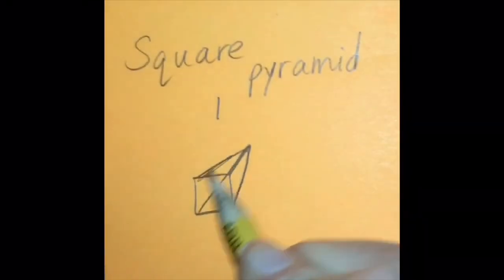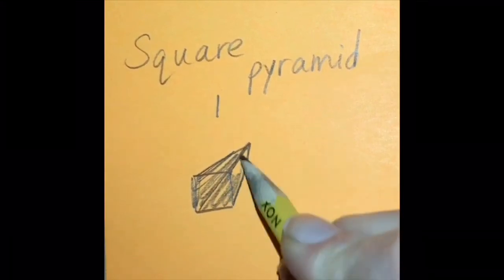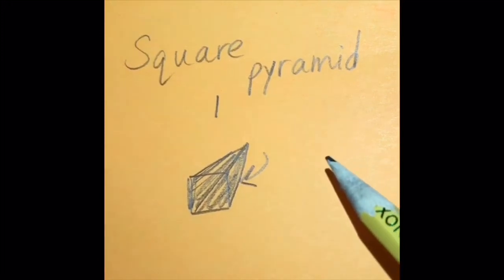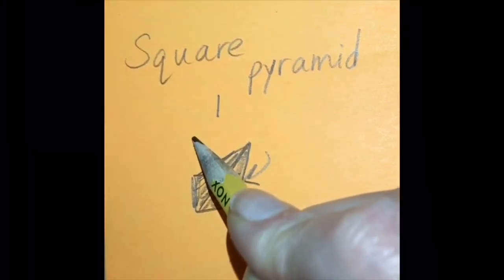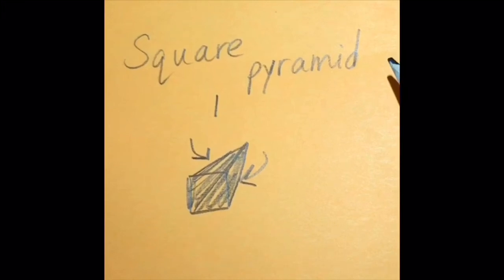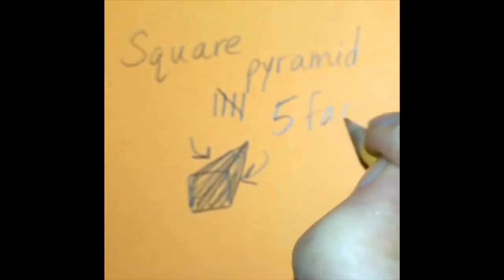It has a face here that is shaped like a triangle. That's 1. Another face shaped like a triangle, 2. Plus 1 here that we can't see in a two-dimensional illustration, and 1 in the back, where again, we can't see in a two-dimensional illustration. That's 4 more faces, for a total of 5.